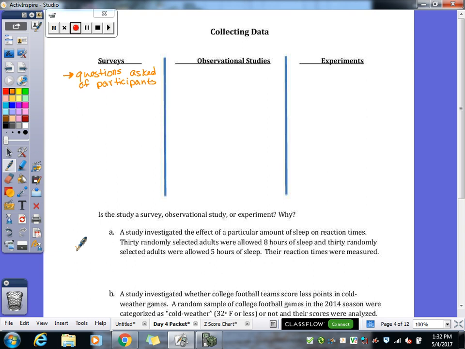Sometimes you have choices with your questions. You have to pick one. Sometimes they're fill in the blanks. What are your actual thoughts on something? Surveys are not generally used very often. You use this when an observational study cannot be done.